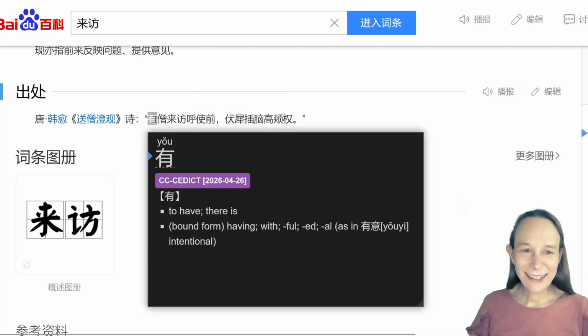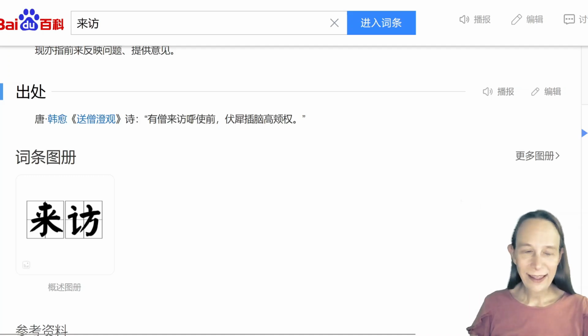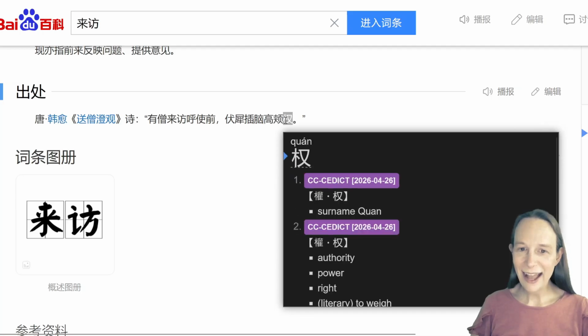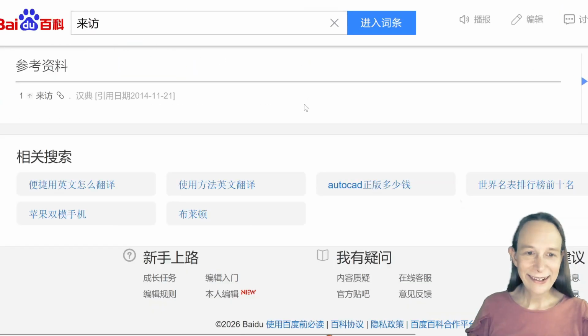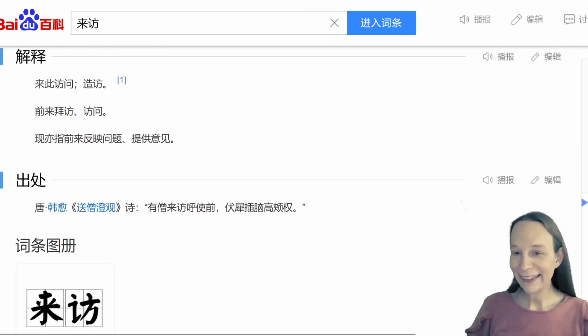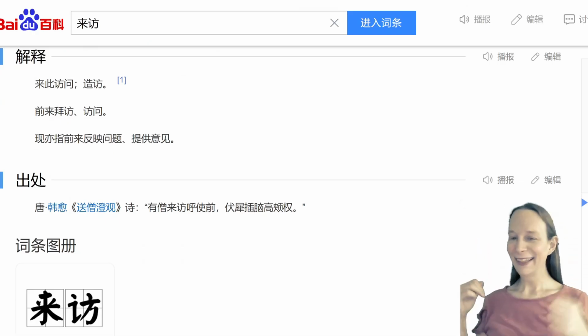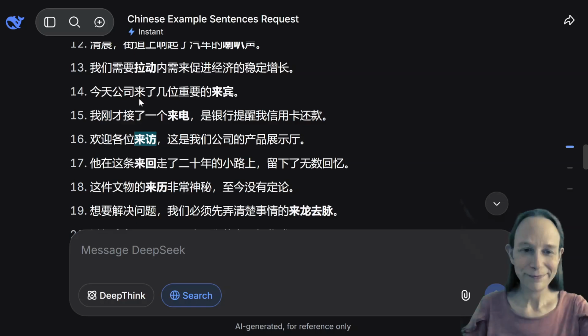It rhymes. But all right, 来访. So a monk came and said, I have no idea what this says. It's a poem. Tang Dynasty poem. All right. I can read it. Don't know what it means. Yeah. I mean, Tang Dynasty poetry is like that. Like, it's another language.